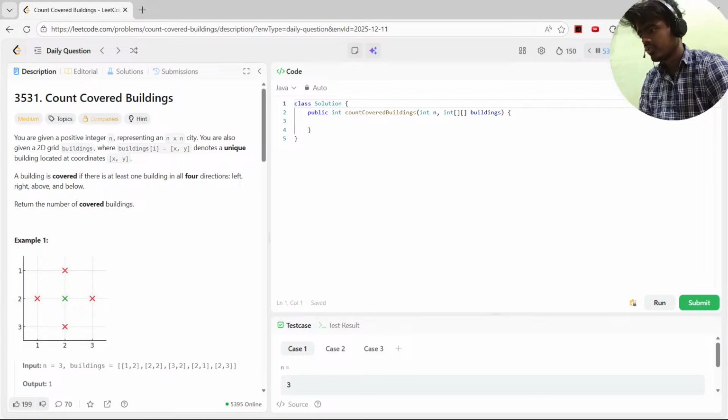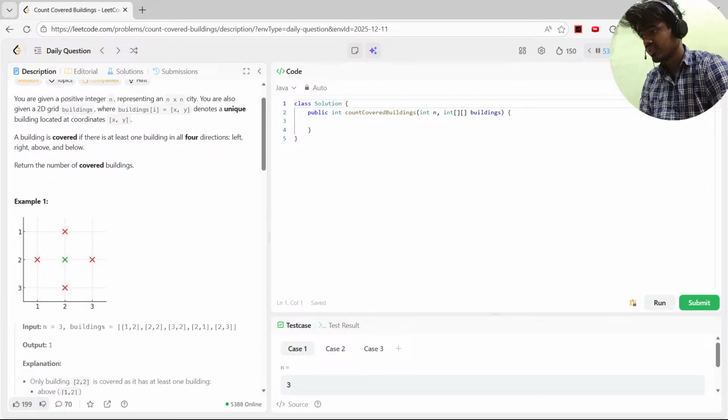A building is covered if there is at least one building in all four directions. Return the number of covered buildings.